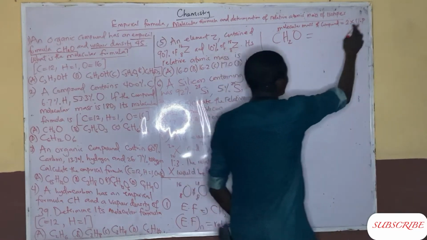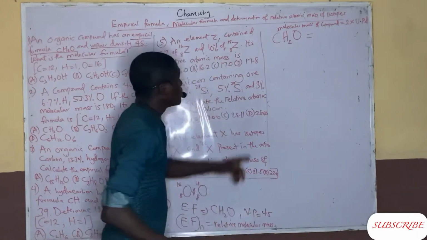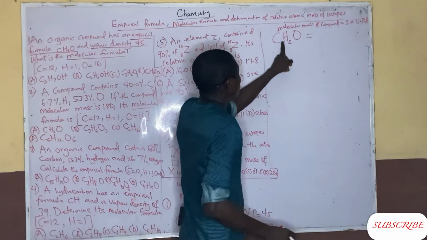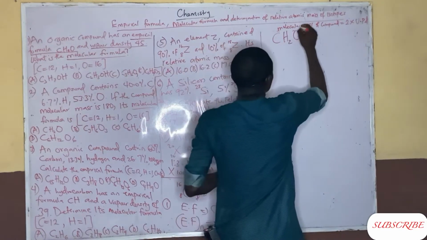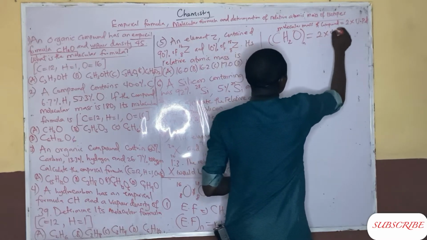So (CH2O) times N will be equal to 2 times 45.